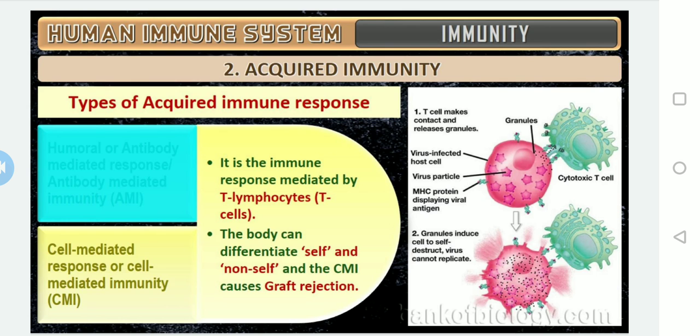Whenever viruses infect the host cells, the virus particles start multiplying inside that particular host cell, and MHC proteins display the viral antigens. The cytotoxic T cells, I told you, the T lymphocytes act directly against the antigen by attaching themselves to the antigen bearing cells.